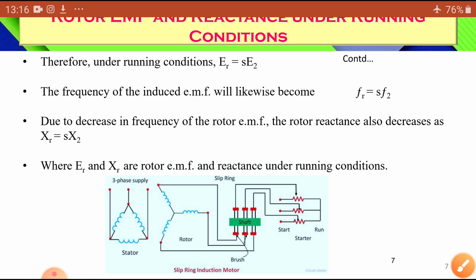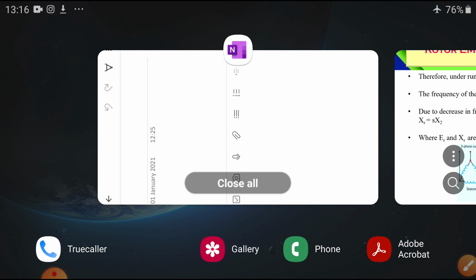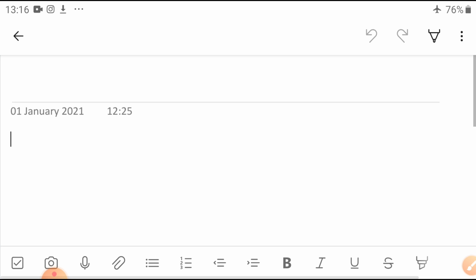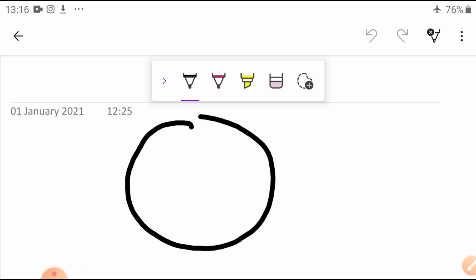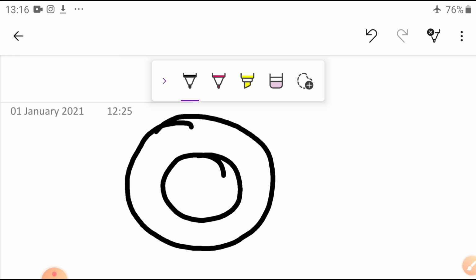Now, you know that this is a stator, this is a rotor. The rotor is connected to some external mechanical device through the rotor shaft.